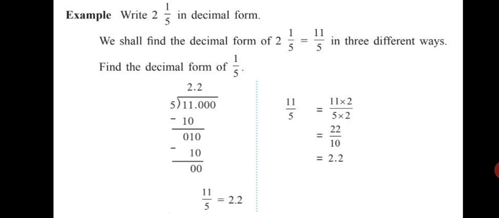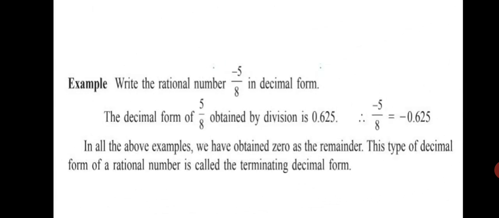So since 10 is the denominator, the decimal point will come one place before in the numerator. 2.2 is your answer. But in this practice set, we are going to follow the first method, which is by the division method. Okay. So like this, we can find the decimal form of a rational number.